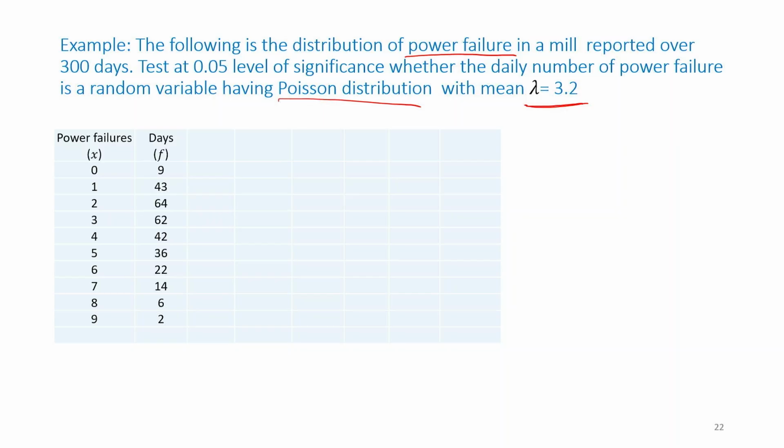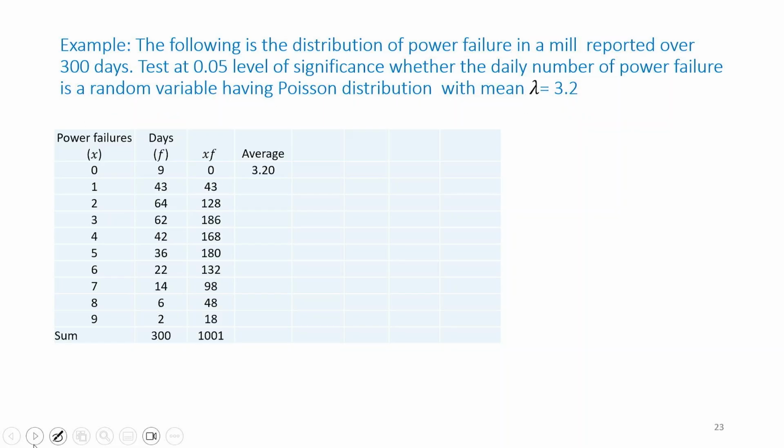So in the present case, this is a frequency distribution where power failures and corresponding frequencies are stated. We have to check whether it is following Poisson distribution with lambda value, mean value 3.2. So first of all, I have to find out the theoretical frequencies. These are the given observed frequencies. What are the theoretical frequencies?